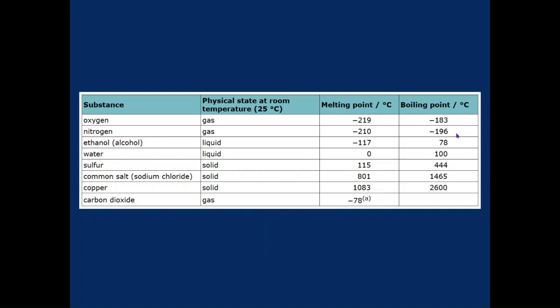And the boiling points, right, are the point at which the liquid changes into a gas. So again, anything below 25 degrees C should give us a gas at room temperature. You can see that here. Anything above that will be either a liquid or a solid, which we can see here, right?